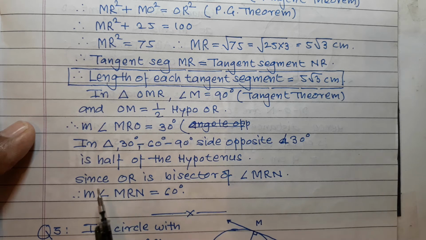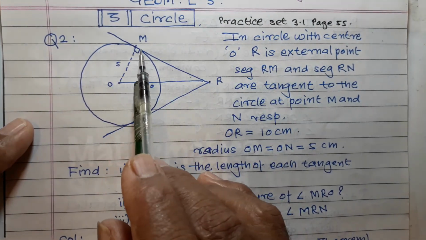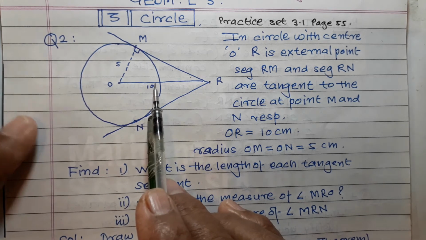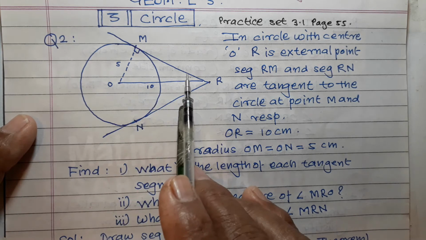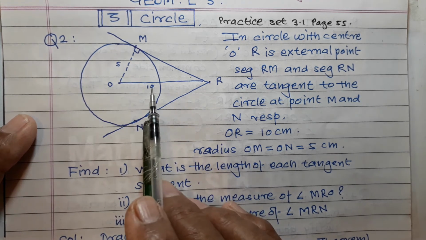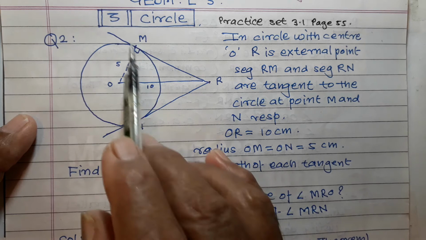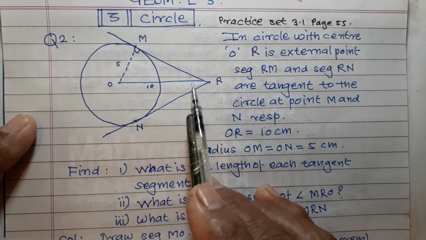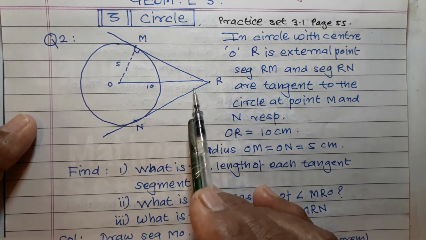Okay, and therefore since OR is the bisector of angle MRN, measure of angle MRN is equal to 60. So try to understand, this is a right angle triangle, this angle is 90, this side is half of the hypotenuse. So if this triangle is 30-60-90, then the side opposite to 30 is half of the hypotenuse, and therefore this angle is 30, and this is a bisector of this angle, and therefore this full complete angle, angle MRN, is equal to 60 degree.